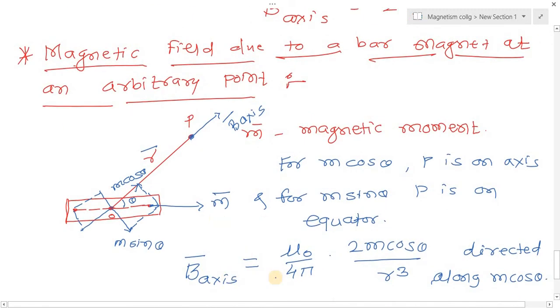Now m sin theta is here. So the opposite direction of m sin theta is like this. So here this is for B equator. So now it means that at point P there are two magnetic fields acting there.